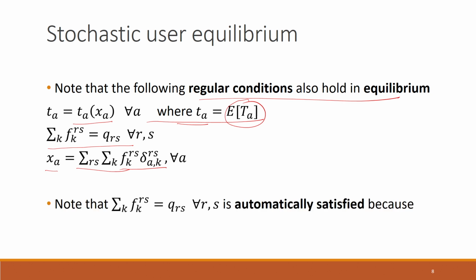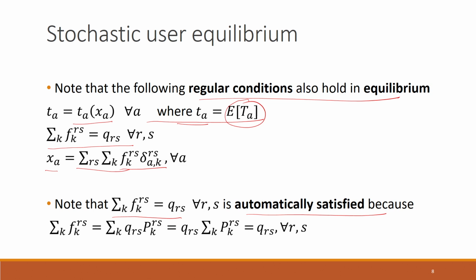Also note that this condition, that the sum of the path flows across any origin to destination is equal to the travel demand, is automatically satisfied if we know that the stochastic user equilibrium condition is given by this: FKRS is equal to QRS times PKRS, for all R, S and K. Why? Because we can check this.